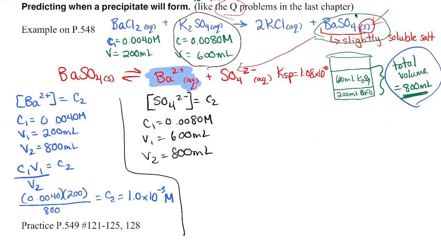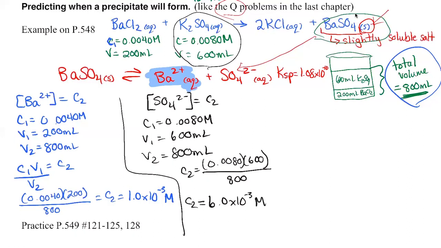So we're going to find C2. Using the same equation, C1, 0.008 times V1, 600, divided by V2, 800. So that's going to give me C2 equal to 6.0 times 10 to the negative 3 moles per liter.